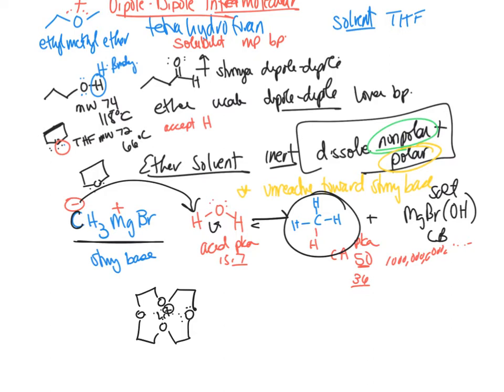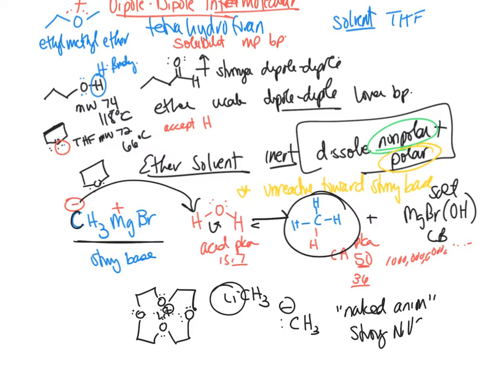So a lot of times if you have a metal and you want to make your nucleophile naked, like a lithium CH3, if you put a crown ether, it will trap this metal, and then you get what's called a naked anion. And this is really nice because now you have a very, very strong nucleophile because you have freed up those lone pairs. So that can really make a difference in your reaction.